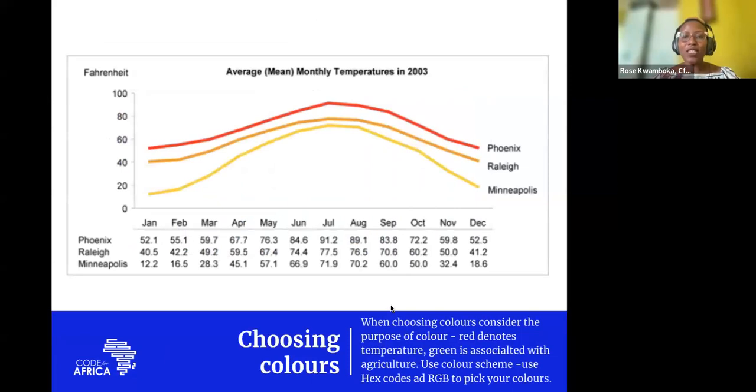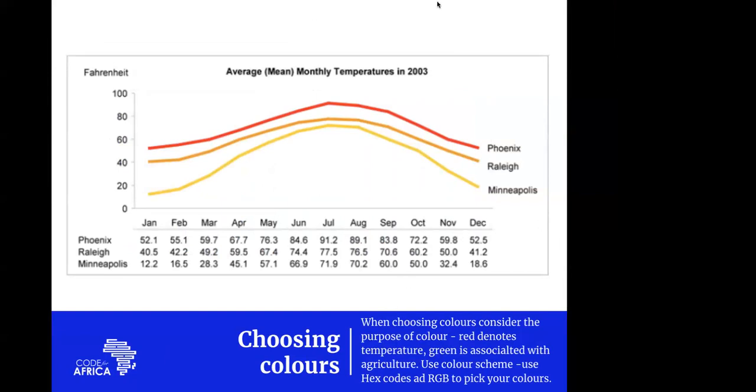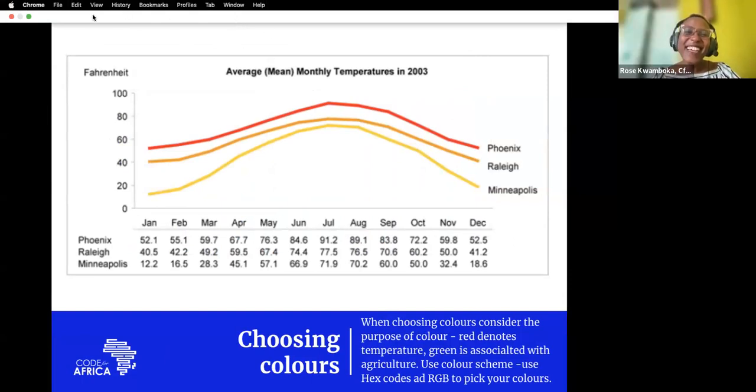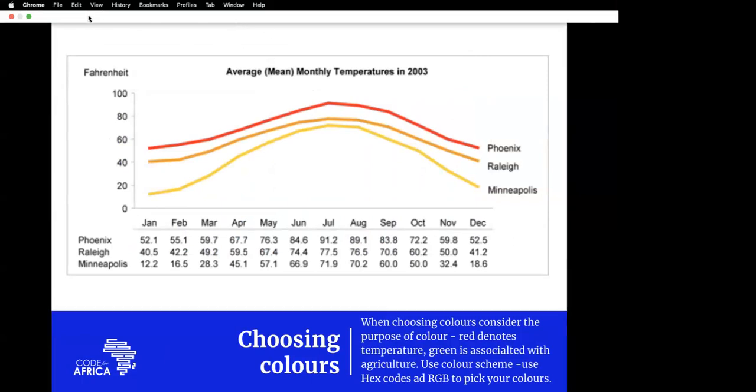Let's look at this. This is about choosing colors. Would anyone comment on the choice of colors for this line chart? Yes. Go ahead. As a man, I will represent many men. We've always been told that we are colorblind.